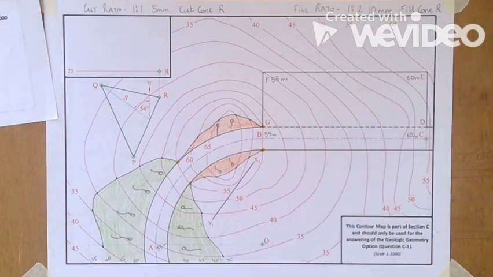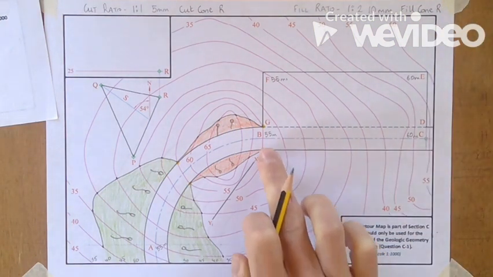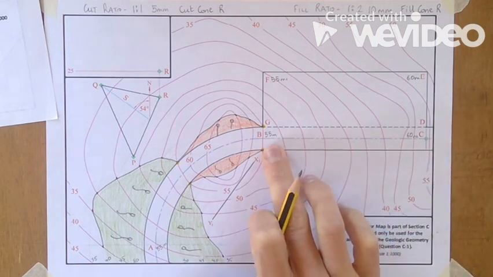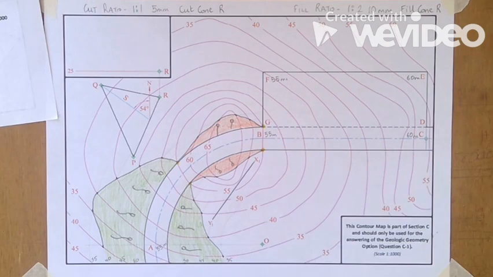To get the radius of your cones, it's the difference in height, which is 5. From 55 meters to 60 meters, the difference is 5.